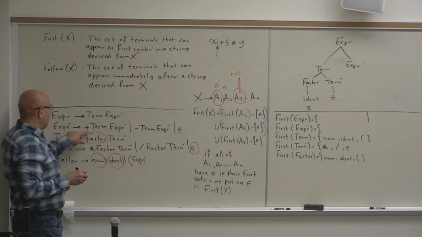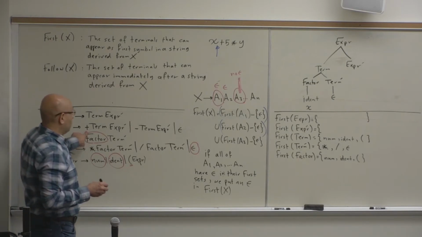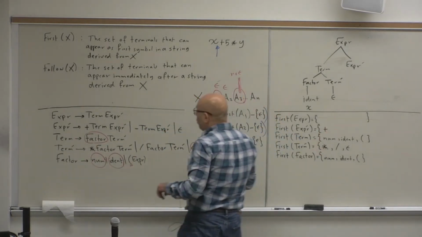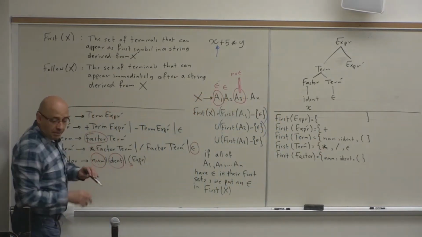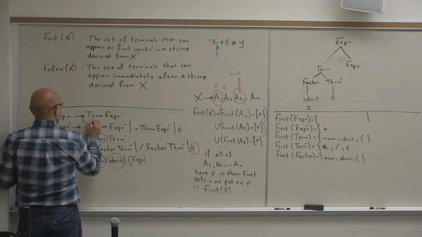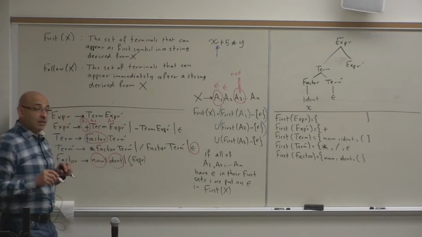So here clearly, that's plus. Now, should I go beyond the plus? In fact, this is my A1, this is my A2, and this is my A3. And my A1 is, in fact, a terminal.